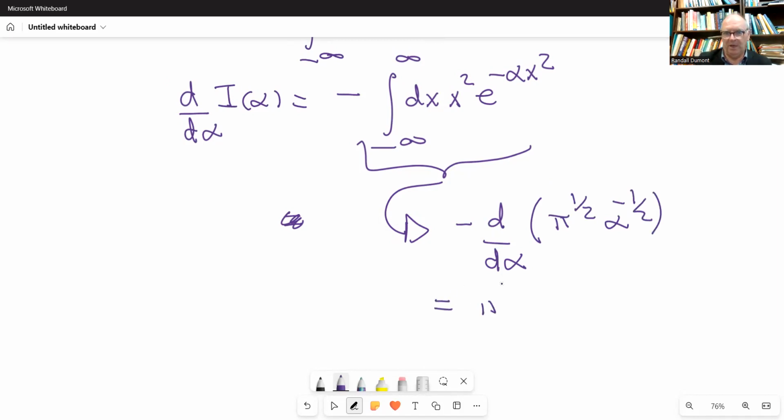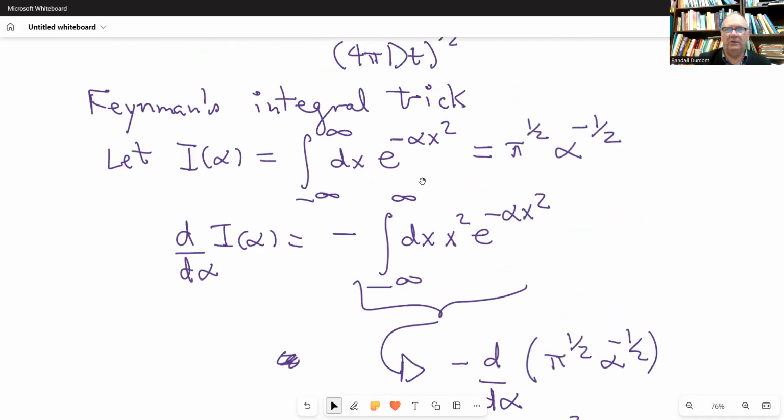We get pi to the 1/2, and then we get -1/2 come down with this minus sign, so you get a half. And then you get alpha to the -3/2. Okay, so if we sub in what alpha is.